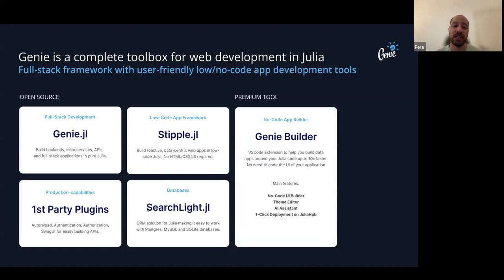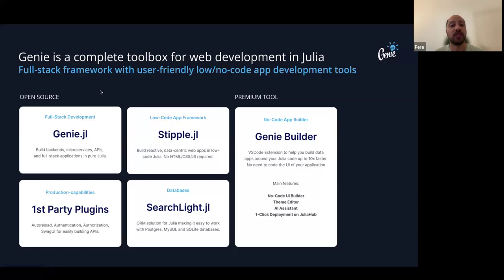Moreover, we have Searchlight, which is an ORM for working with relational databases without having to write SQL queries. And finally, we have first-party plugins that add enterprise-level capabilities like auto-reload, authentication, API documentation, etc.